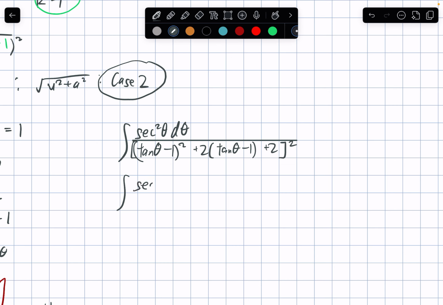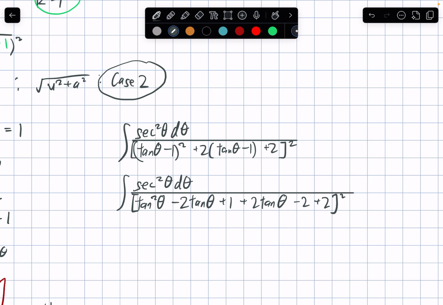So we simplify from here onwards. I can see already what can be cancelled. So these can cancel already. What else? These as well.